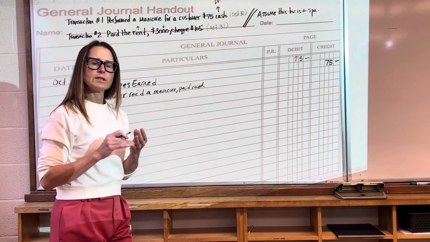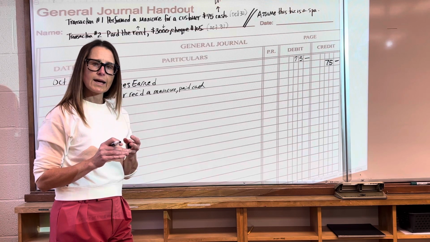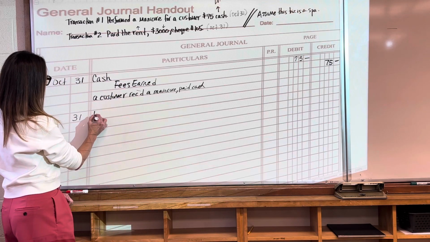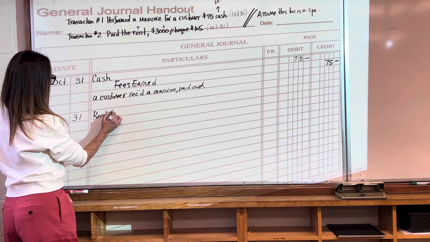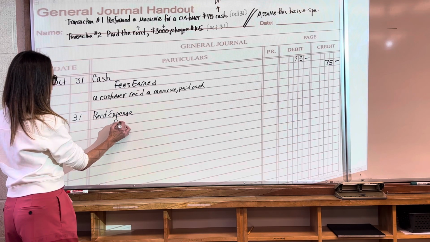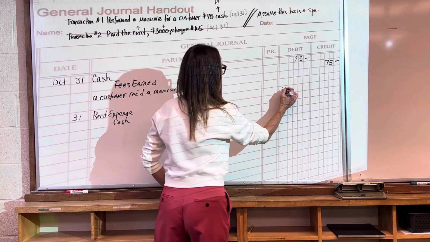So I'm going to debit rent expense $3,000 and credit cash $3,000. Debit rent expense, credit cash, $3,000.